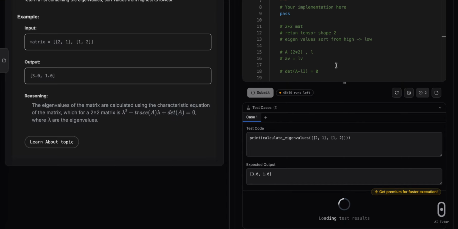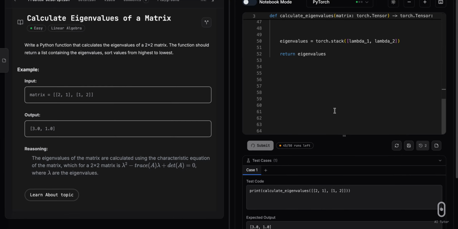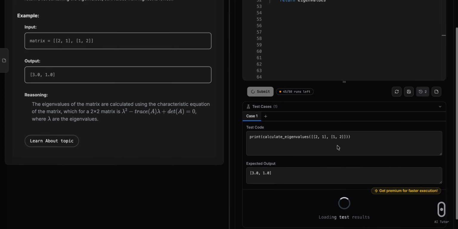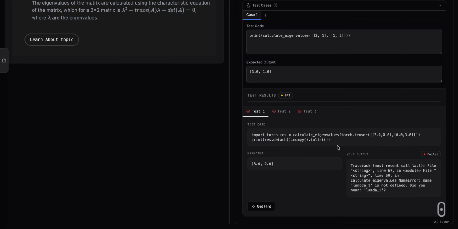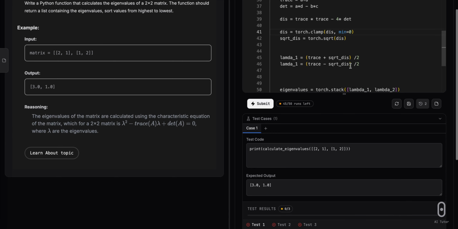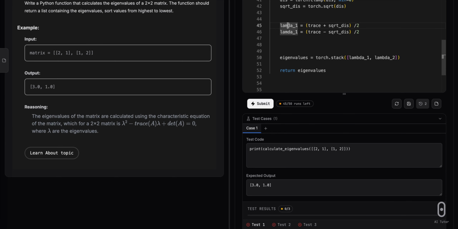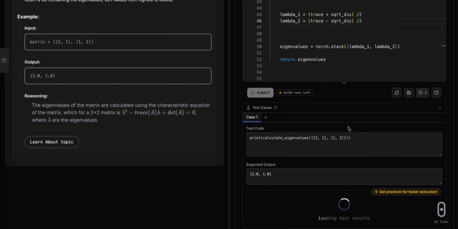Let's see. Our test cases are failing. Import torch, calculate lambda. Oh, sorry, lambda 1 is not defined. LAMBDA, I made a spelling mistake. Let's see now.